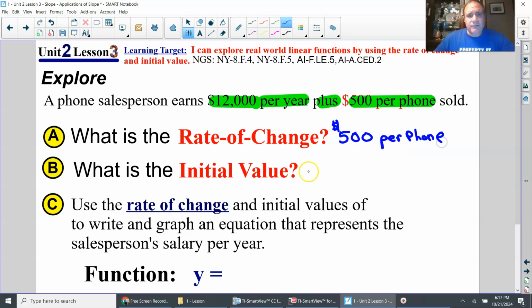The initial value is $12,000. That's initially what this person gets paid. Use the rate of change and initial value to write the function. The function is y equals mx plus b. It is y equals 500x plus 12,000.